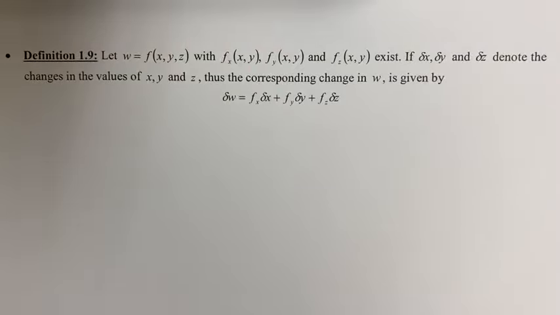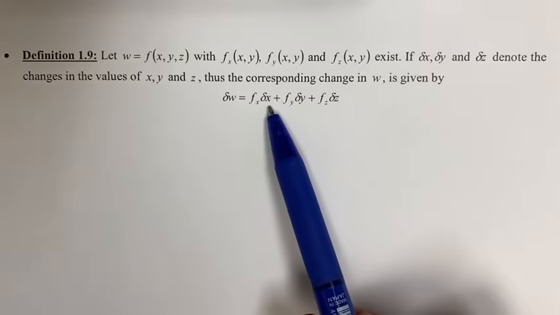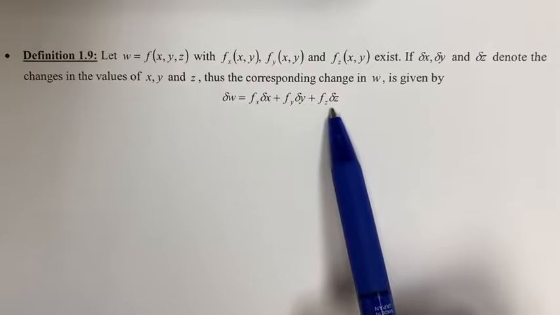The last definition, 1.9. Let w equal to f(x,y,z) with fx, fy, and fz existing. If delta x, delta y, and delta z denote the change in the values of x, y, and z, then the corresponding change in w is given by delta w equal to fx delta x plus fy multiplied by delta y plus fz multiplied by delta z.